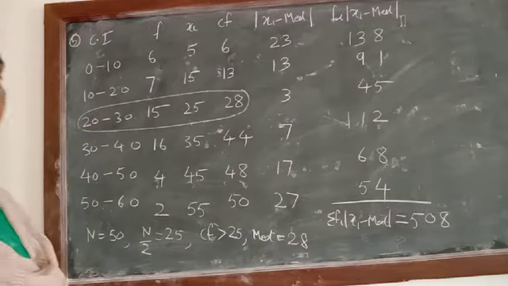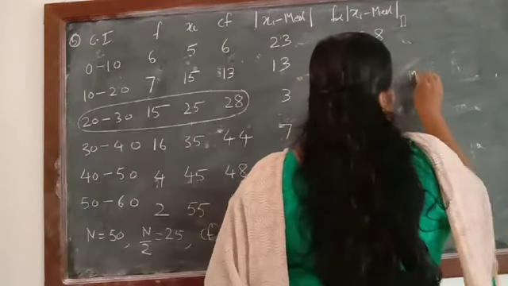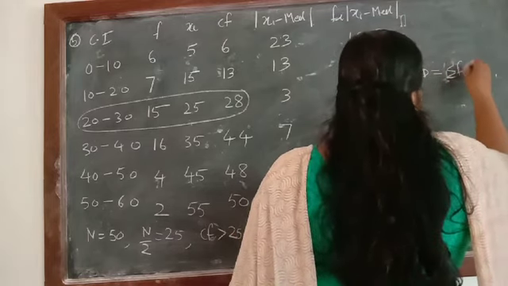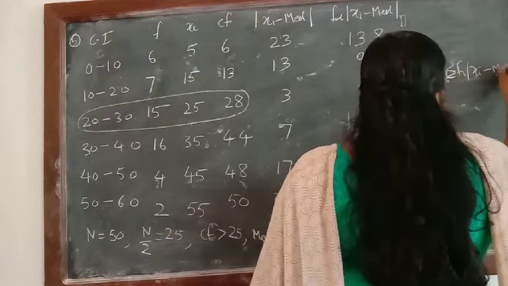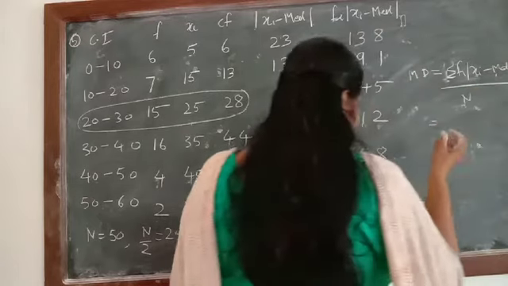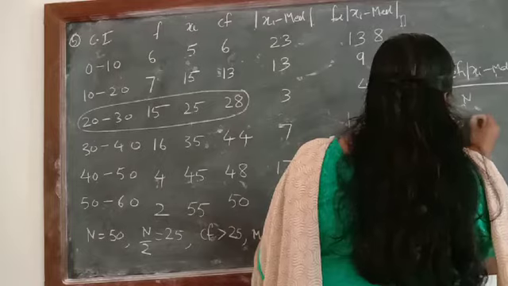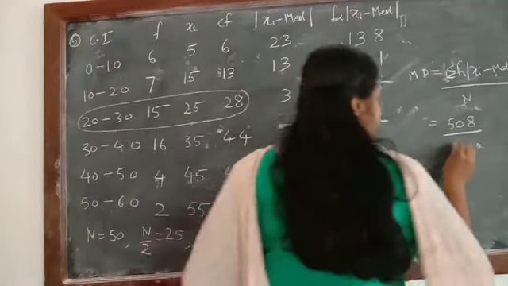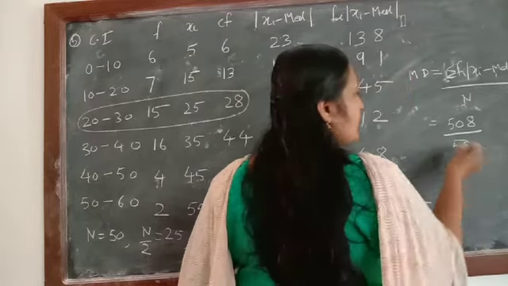Now we can calculate the mean deviation. So write down there, mean deviation is equal to sigma fi into modulus of xi minus median by n. And our sum we got here 508 by, what is the value of n? 50. So again first we can cancel it by 5.